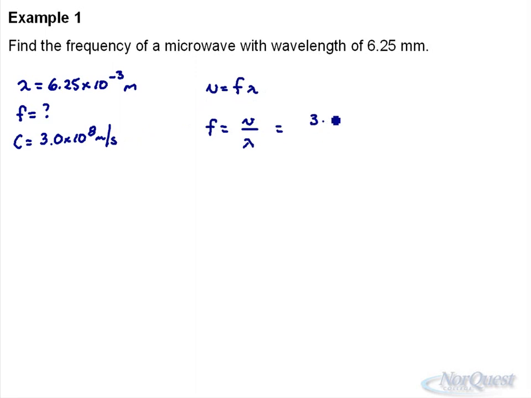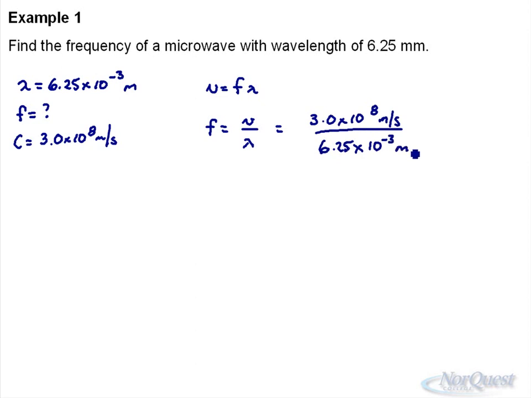Speed of all EMR, 3.0 times 10 to the 8 meters per second, divided by the wavelength, 6.25 times 10 to the negative 3 meters.